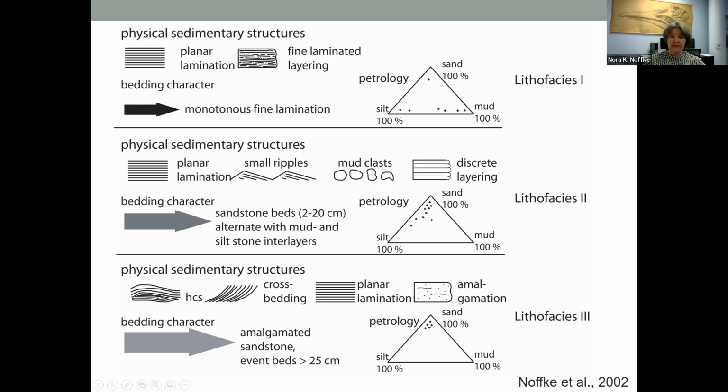They also don't occur in areas where we have coarse sediment, like conglomerate or coarse sand, where we have cross-bedding and HCS and so forth, and certainly not where amalgamation takes place that would rip the microbial mats into pieces. We find microbial mats in areas where we have small ripples formed by currents, 2 to 20 centimeters, forming rock beds that have discrete layerings with beautifully preserved bedding surfaces, mostly composed of fine sands.